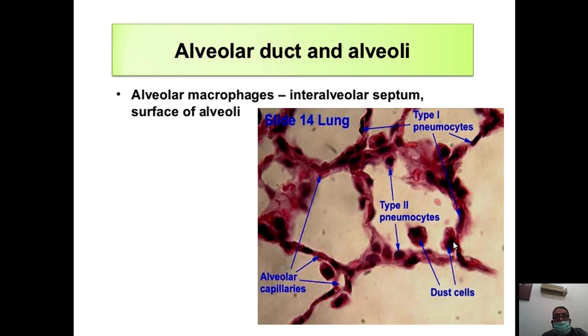Now this is the alveolar duct, alveoli epithelium and the interalveolar septum. The alveolar capillary is also visible. Type 2 pneumocytes are visible over here, whereas the type 1 alveolar epithelium is a very squamous-like cell meant for gaseous exchange.